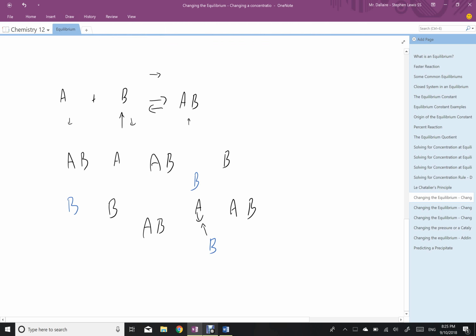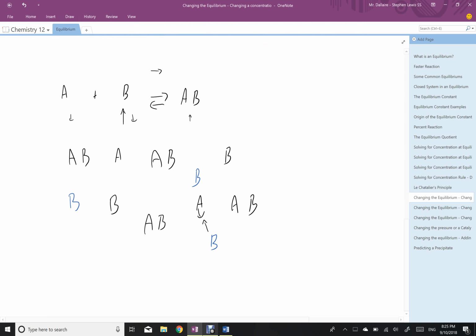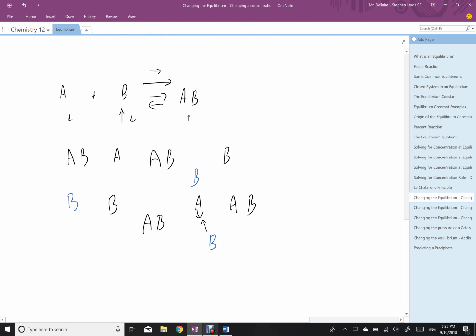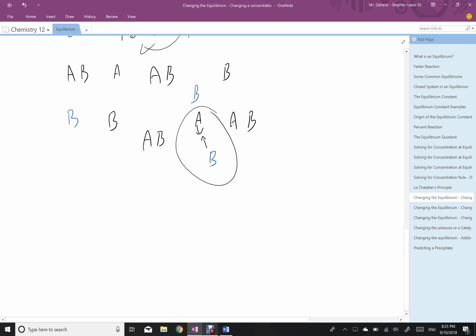What that means then is that for a short period of time, the rate of the forward reaction will grow, while the rate of the reverse reaction remains constant. This will cause a buildup in AB population, which eventually allows these two reaction rates to equal out again and reach a new equilibrium. But this increased chance of collision means that it's more likely that the reaction will happen this way at first than that it'll go the other way. And so the forward reaction is favored, as Le Chatelier's principle suggested.